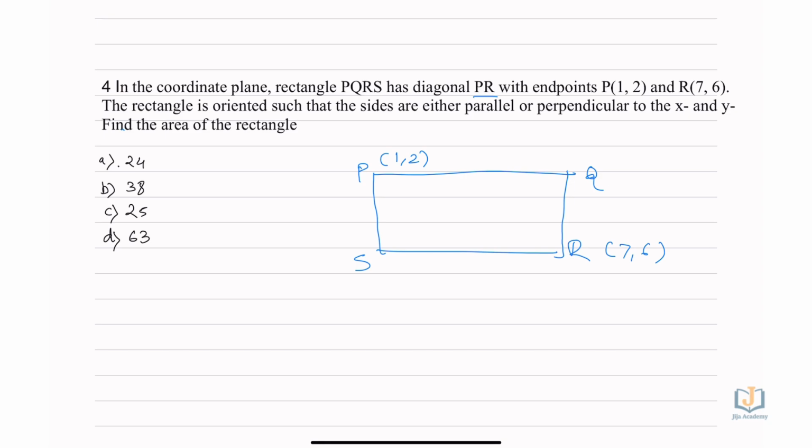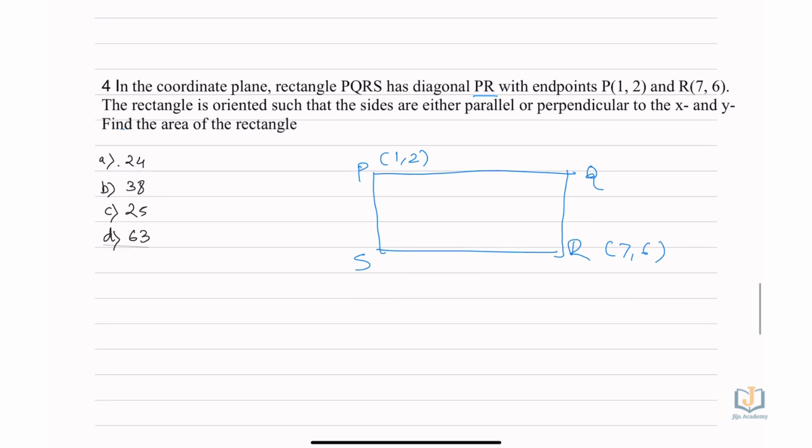So this is PQRS. Now here we are finding these sides, parallel to the x-axis and perpendicular to the y-axis, and this is parallel to the y-axis and perpendicular to the x-axis.